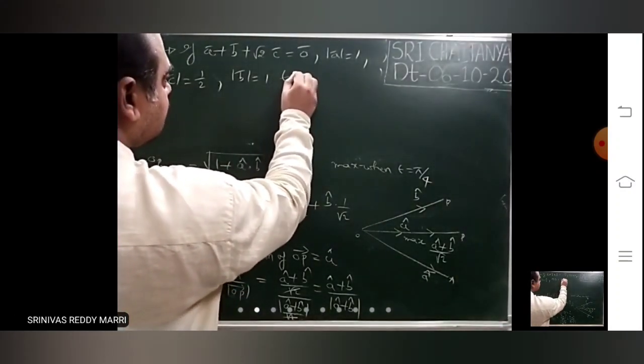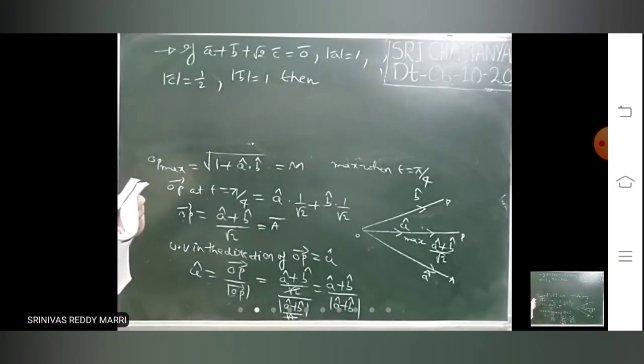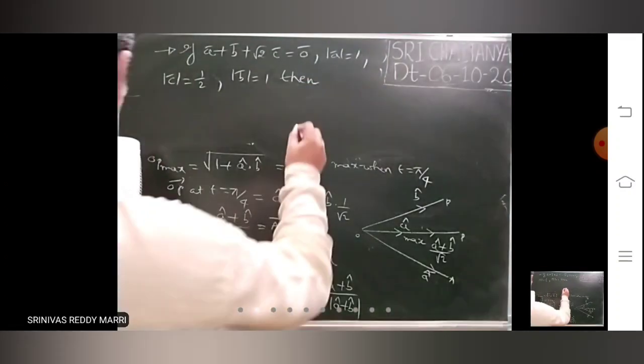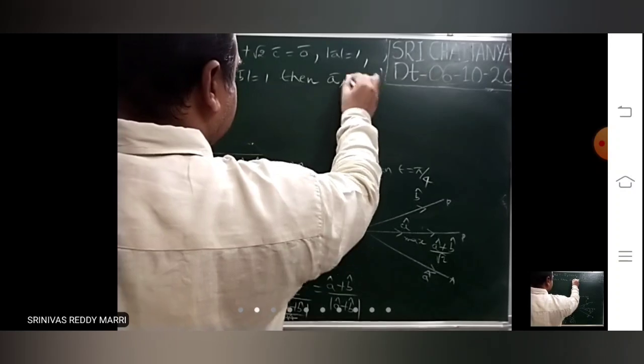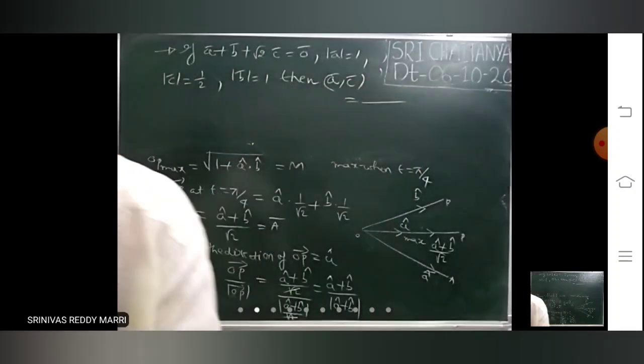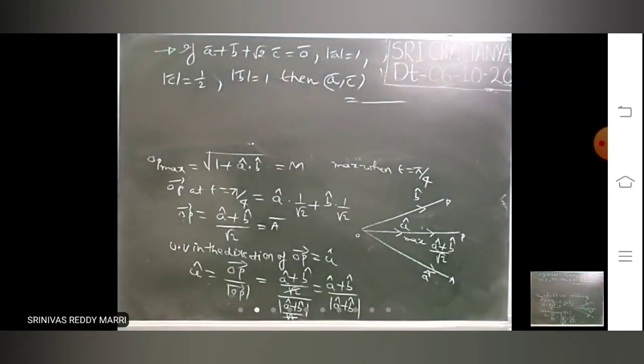Then the angle between A bar and C bar equals dash.